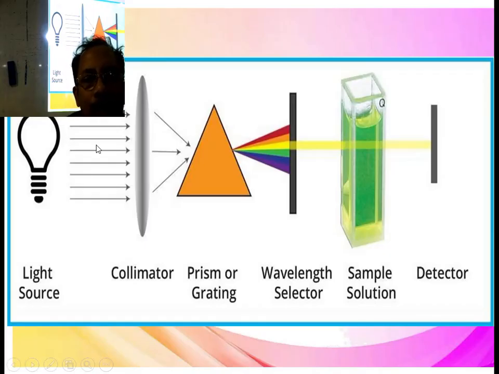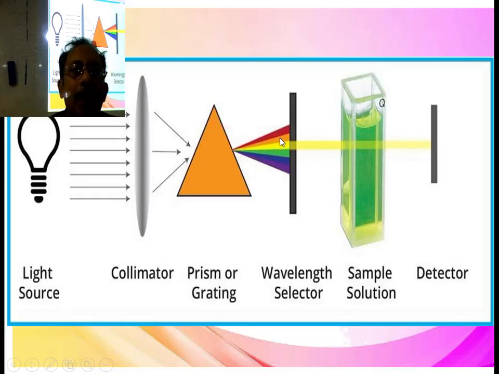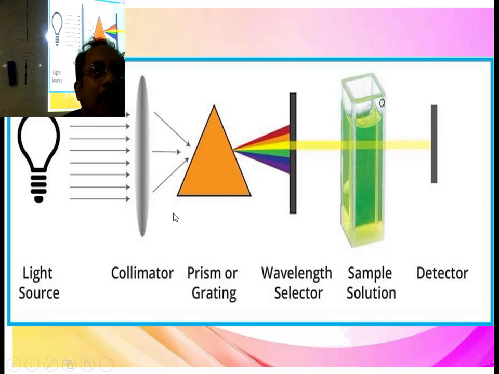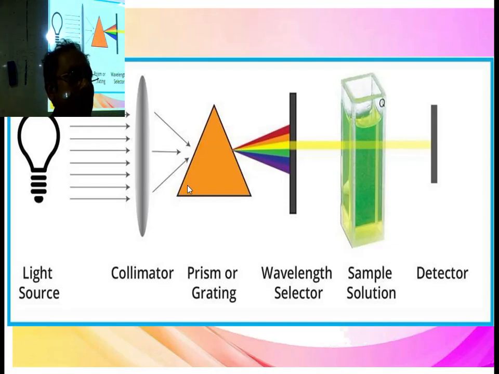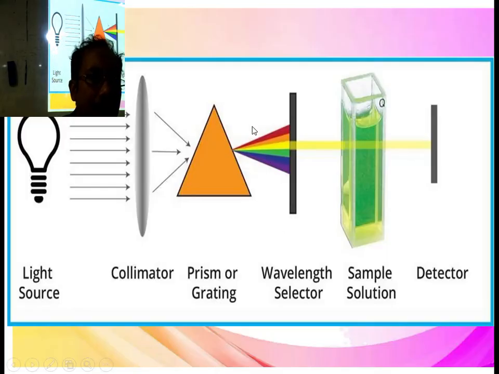You have a light source, and a collimator that will focus the light into a single beam, passing through a prism, and then through a slit. What is the purpose of the prism? The prism is diversifying the light. It is forming a spectrum, which means different colored light.